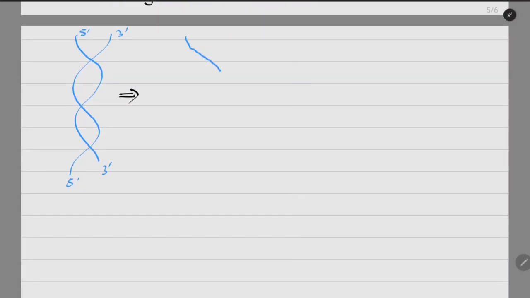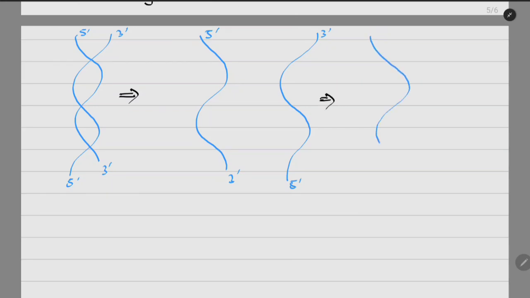Let us think that this is one strand forming, this is one strand getting divided, and this is the other strand. Okay, now this is 5' to 3' and simultaneously this is 5' to 3'. Now if the replication takes place, then the new strand formed will be something like this. This is 5' to 3', and the green one is the new one. Again, I am drawing here.